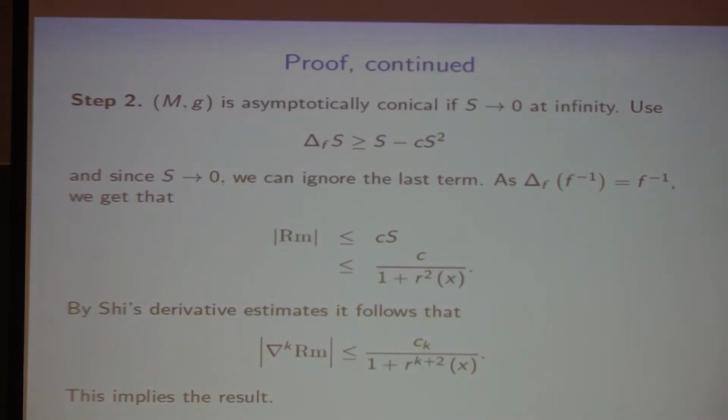Of course, that would be very interesting if scalar going to 0 implies such a good control at infinity. We couldn't do it, but what we could do is that if scalar goes to 0 at infinity and Riemann is bounded, then we could prove Riemann goes to 0. Then we can prove it's asymptotically conical. So in any dimension, if we assume in addition that Riemann is bounded, then we could do it.